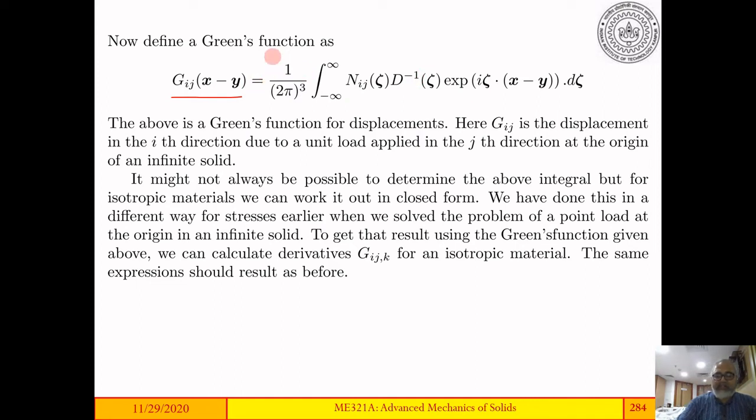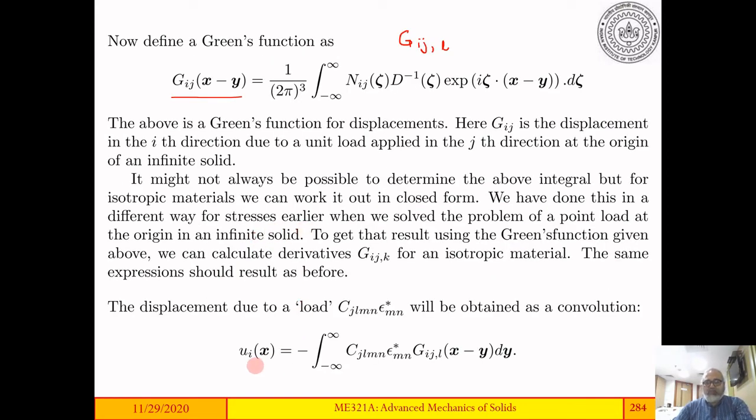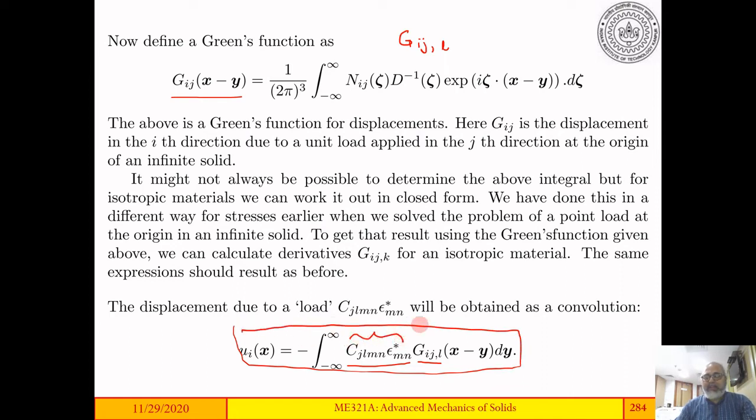And if you take the derivative of this Green's function, that means if you get Gij comma L, then you get everything in this expression, including this zeta L. So now I can write my Ui as Cjlmn epsilon mn star Gij comma L, and this you would realize is a convolution between this quantity that you have applied as eigenstrains and the derivative of the Green's function.